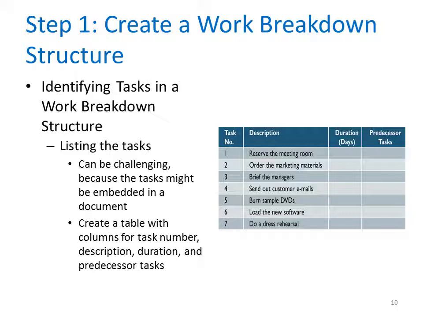One trick is to start by highlighting the individual tasks as shown in the second version of that document in red in your text. Adding bullets makes the tasks stand out more clearly as shown in the third version of the document. The next step is to number the tasks and create a table shown on this slide, similar to the one in figure 3.10 in the text, with columns for task number, description, duration, and predecessor tasks.